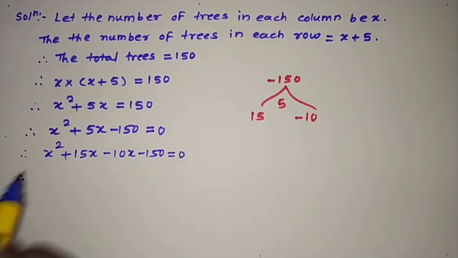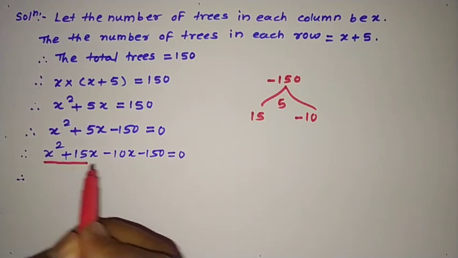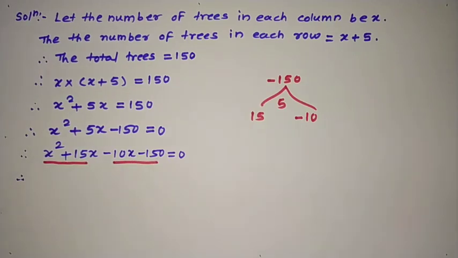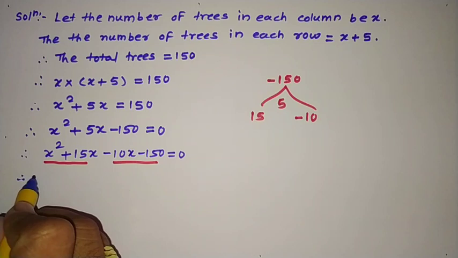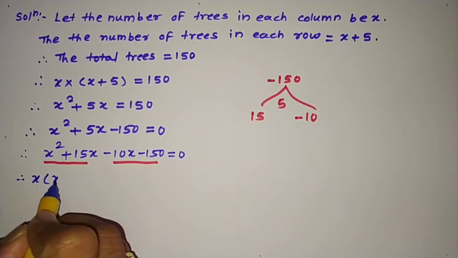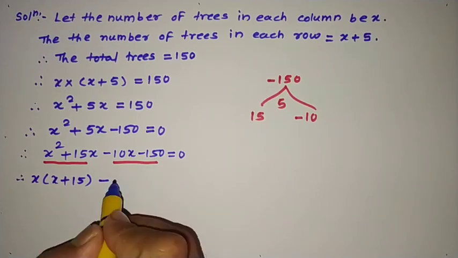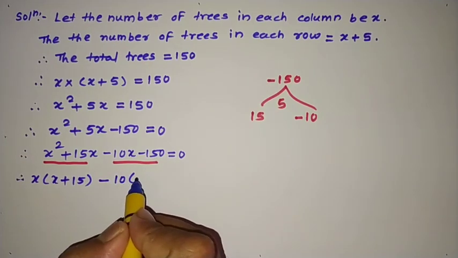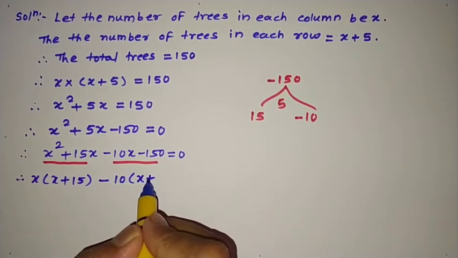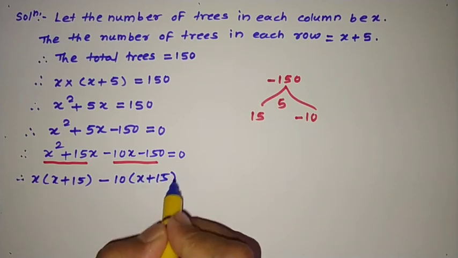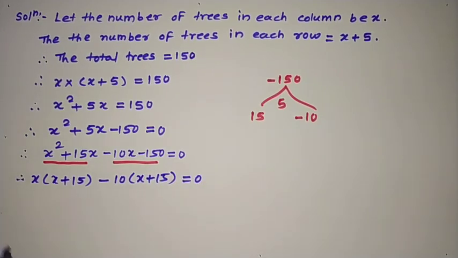Therefore, take the common factor of these two terms and these two terms. x is common, remaining part x plus 15. In the other terms, minus 10 is common, x plus 15 is equal to 0.